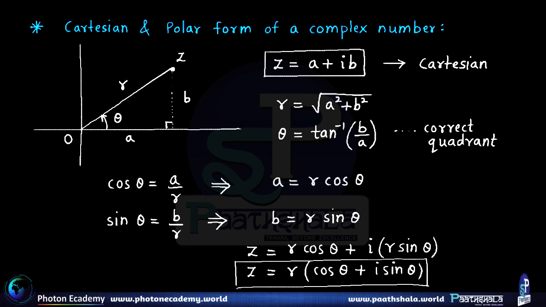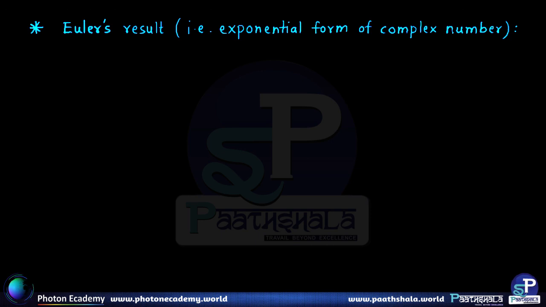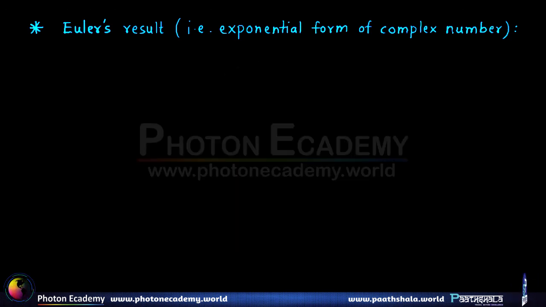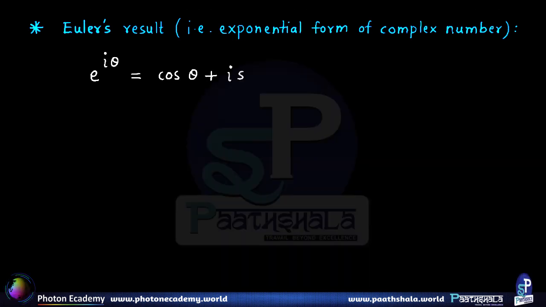Now let us see another form that is called as the Euler's result, that is nothing but the exponential form of a complex number. Now the Euler's result says that e raised to i theta is equal to cos theta plus i into sine theta.